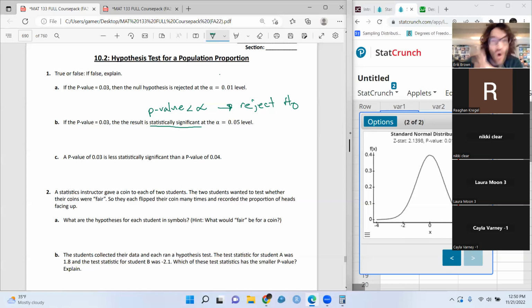So that's all it means. You might want to put that on a reference sheet. Statistically significant is the same thing as having a p-value less than alpha, which is the same thing as rejecting H0.